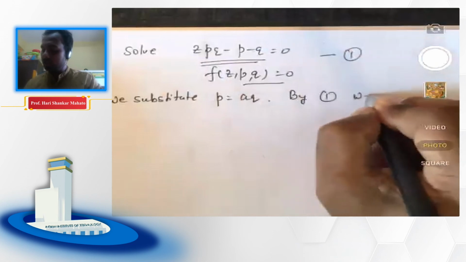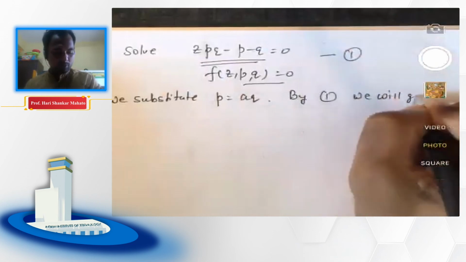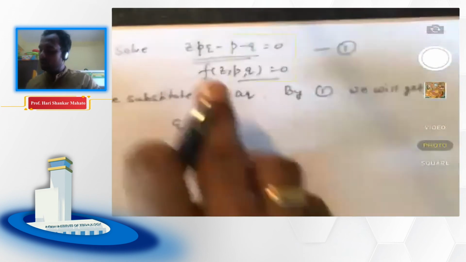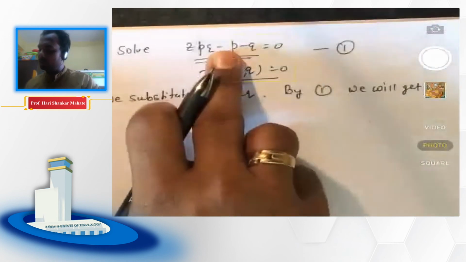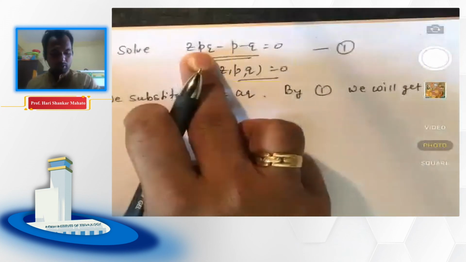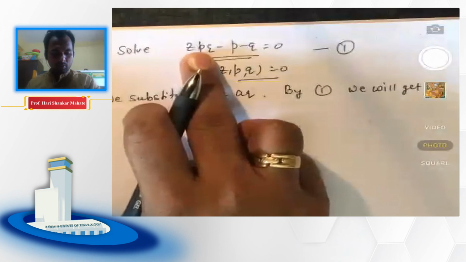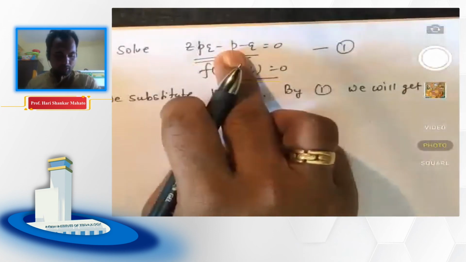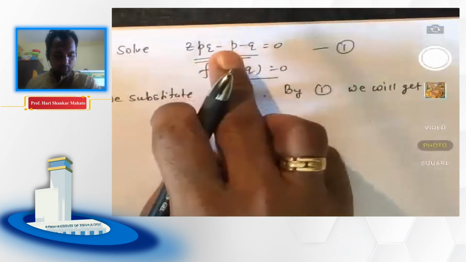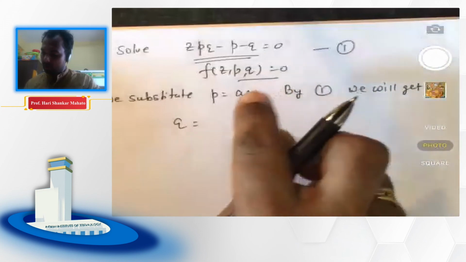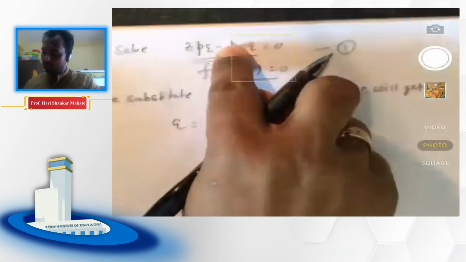we will get Q equals, if I substitute p equals aq, this one will become a q squared.